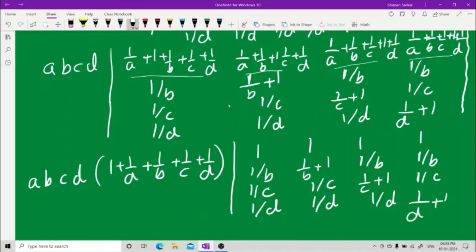This is D. Let me write it clearly, this is D. Now, this is 1.